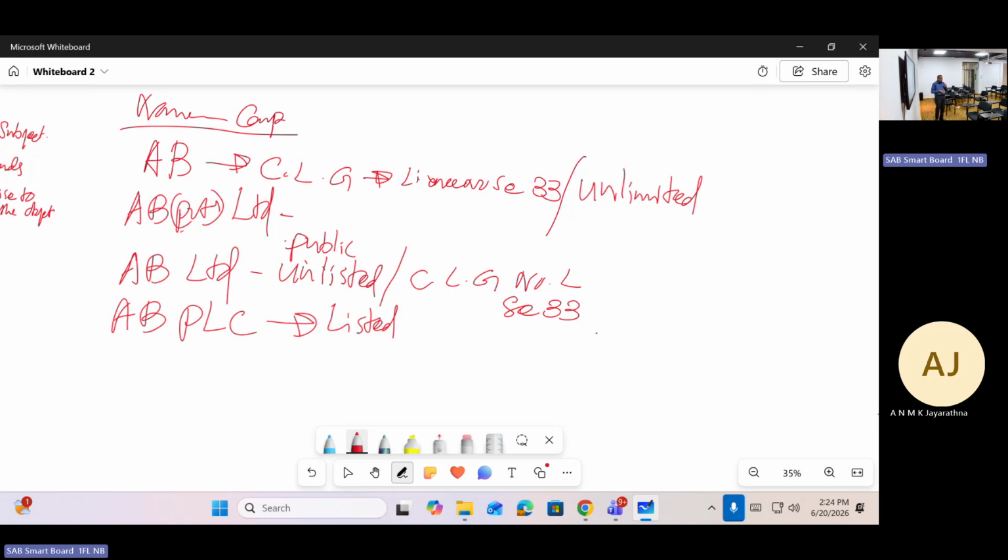According to the second condition, the future company cannot be a company limited by guarantee, because a company limited by guarantee cannot issue shares.